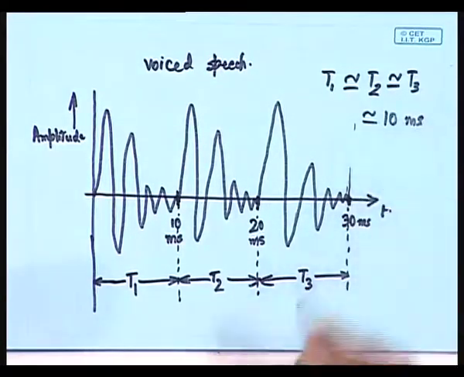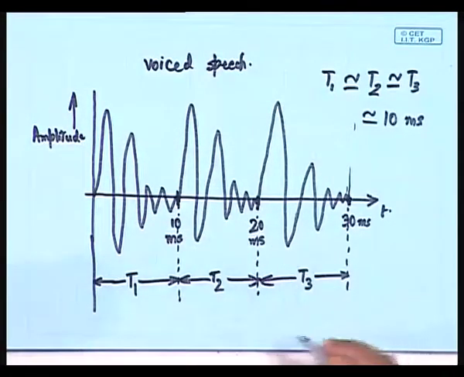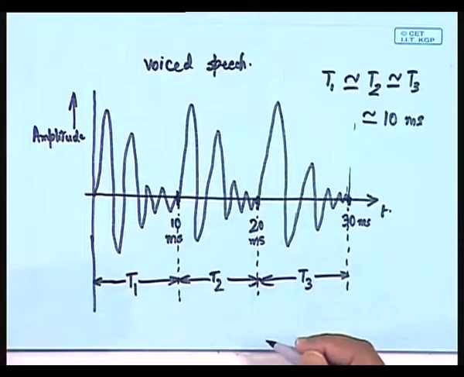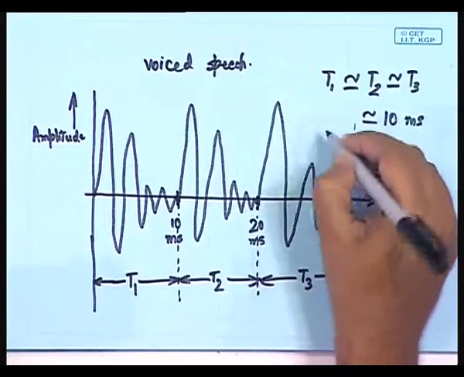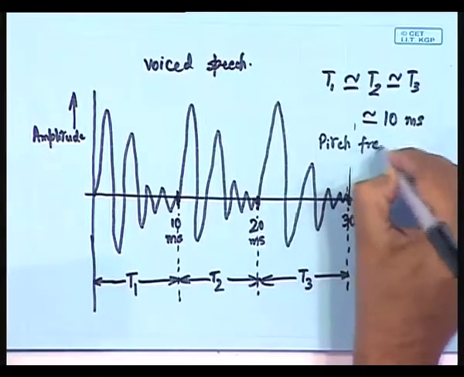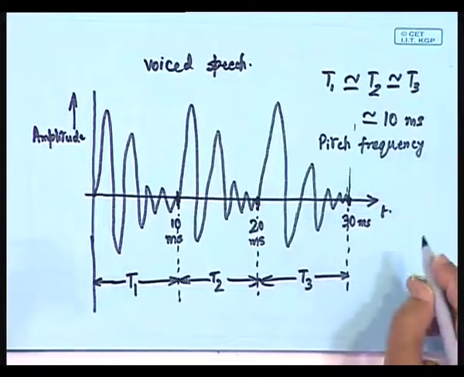So now you see that the time with which this is repeating is this 10 milliseconds. So if we have to consider the pitch frequency, it would be the reciprocal of this 10 milliseconds.